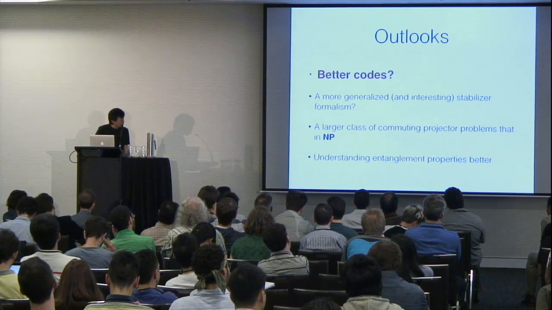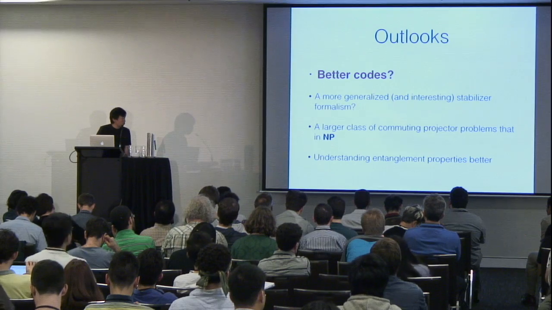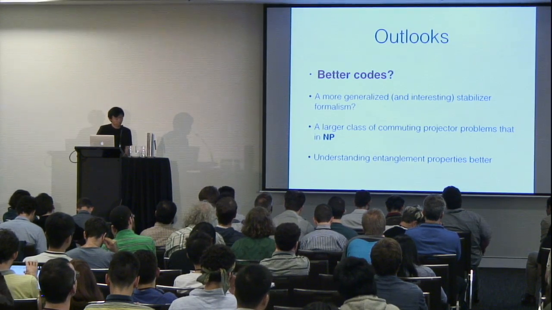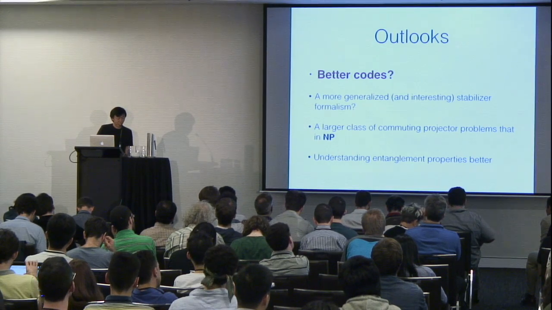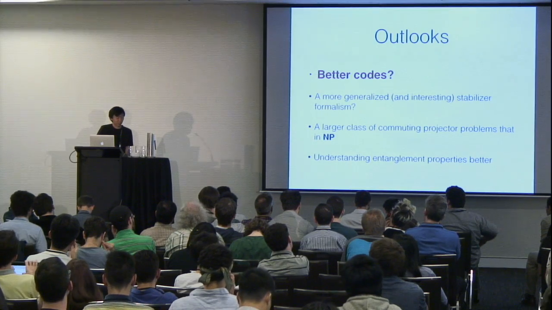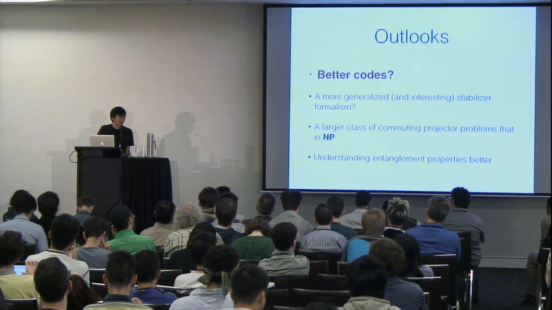And last, maybe it would be interesting to understand the entanglement properties better, because so far it's very hard to tell the difference between Pauli stabilizers and excess stabilizers just from looking at the entanglement entropy.